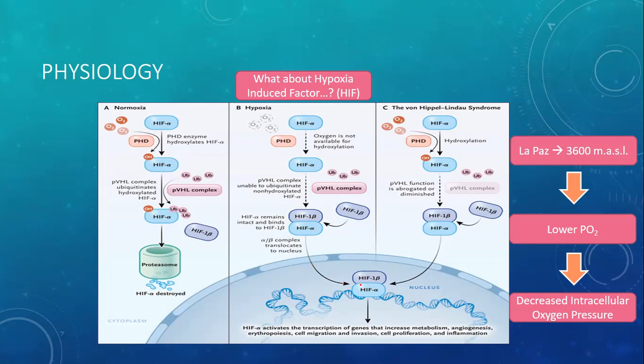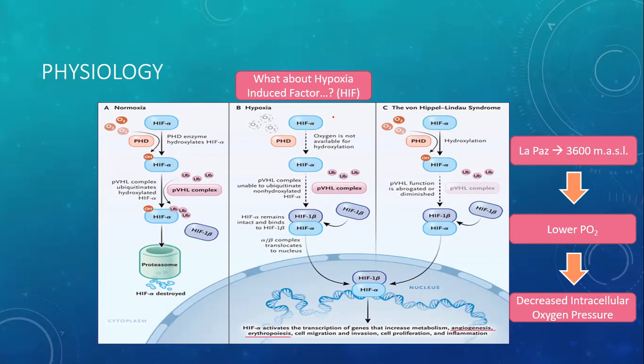And what happens? Here we have some letters down below. It says HIF alpha activates the transcription of genes that increase metabolism. And here we have the important part. As you can see, we have some words underlined: angiogenesis and erythropoiesis. This is what we are basically talking about today.